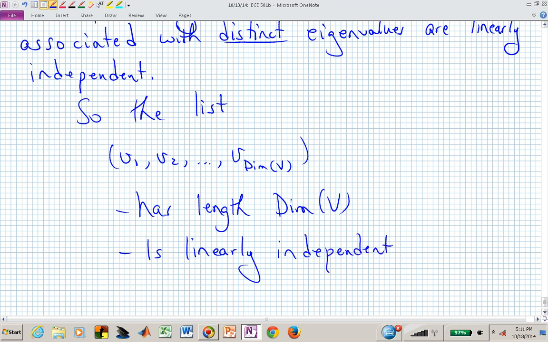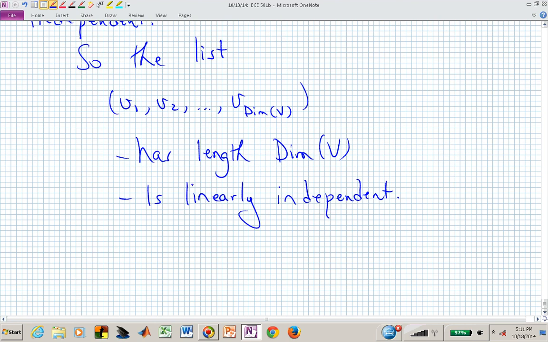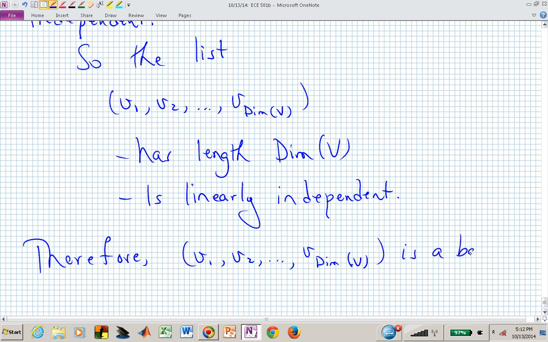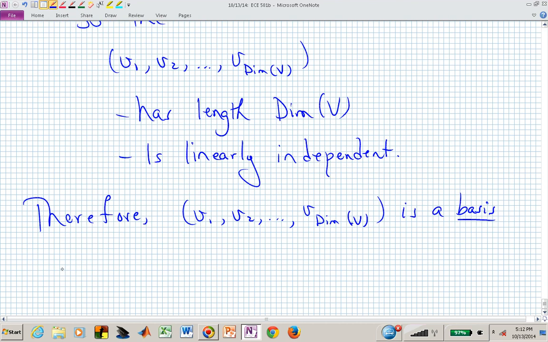And that's what we need to form the basis. Therefore, V1, V2, up to V of dimension capital V is a basis of our vector space V.